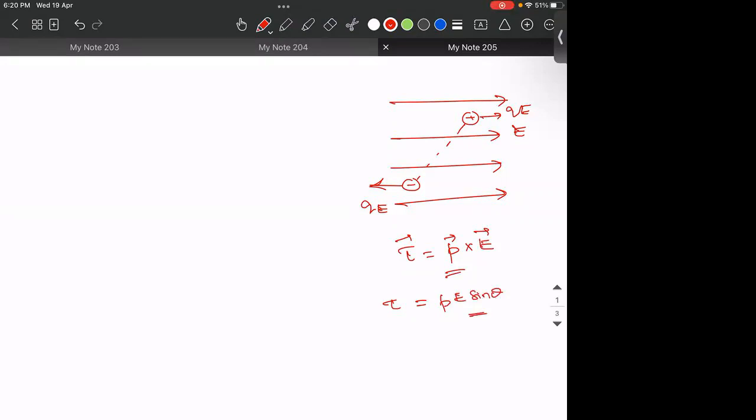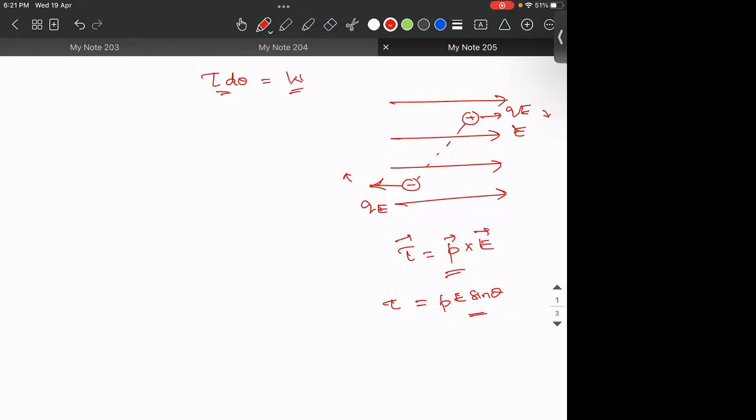Okay. Now, when you have this kind of a dipole, let's say you disturb it from its equilibrium. What you're going to do is you're going to slightly disturb it from its equilibrium by turning it slightly in the clockwise direction and release it. What will happen? So, when there is a torque that is already there and there is a displacement that is getting created, this torque multiplied with the angular displacement is going to give us a quantity called work done.